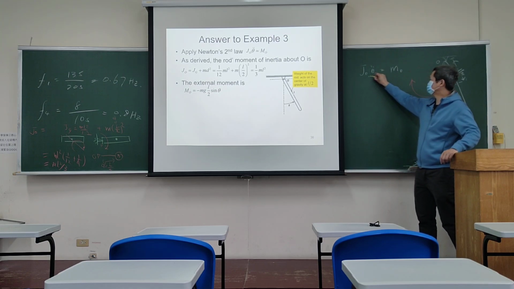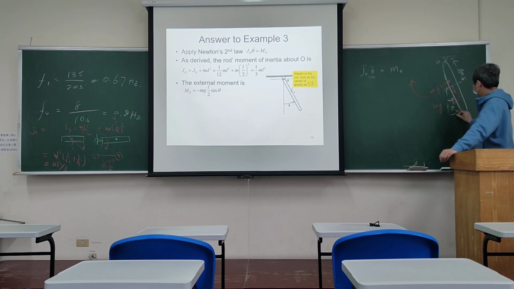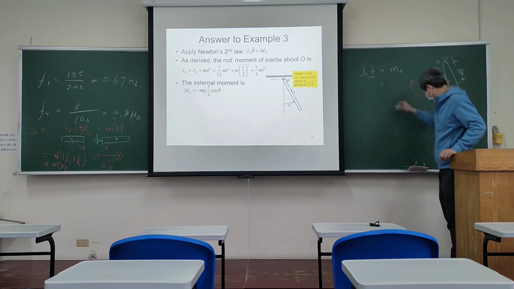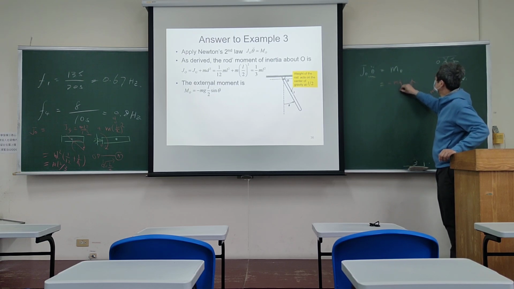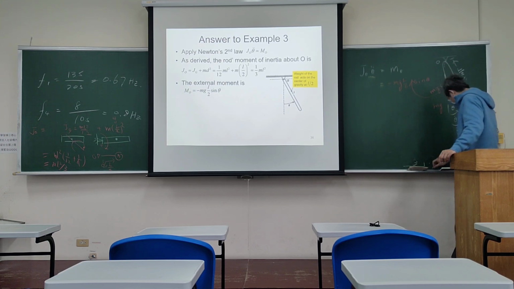How about the direction of the acceleration? Counterclockwise. If I take this coordinate of the angular rotation and angular acceleration to be positive counterclockwise, this moment will then be negative, because it's clockwise: minus mg L over 2 sin theta.